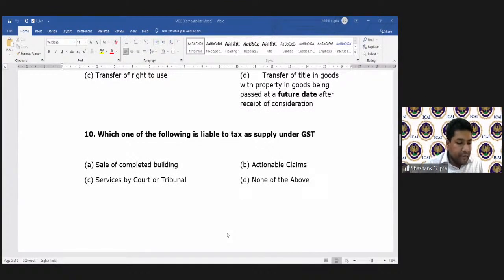Your answer is correct. Priyanka, your answer is incorrect. Neeraj, your answer is incorrect. Kuluru, your answer is incorrect. Please read the question carefully. The question says, which one of the following is liable to tax as supply under GST? So we have to determine which one of these is liable to tax.